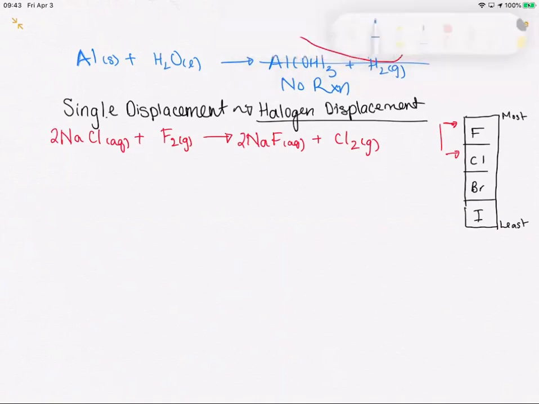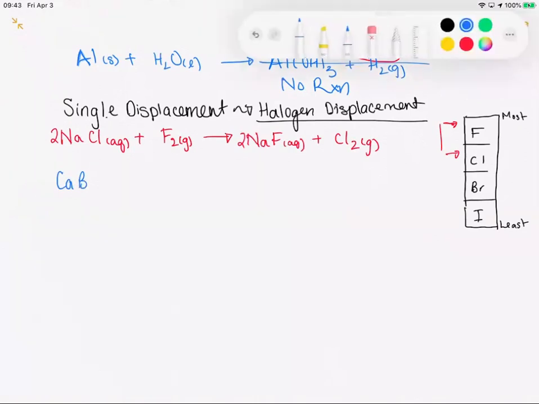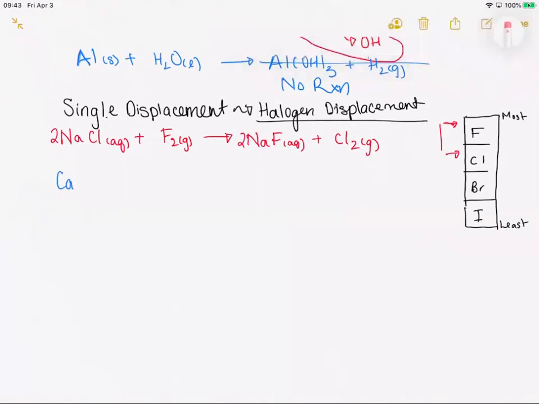What would an example of a reaction that does not proceed look like? Let's take calcium chloride, aqueous, and try to react it with bromine gas. Bromine is down here and it's trying to punch up.